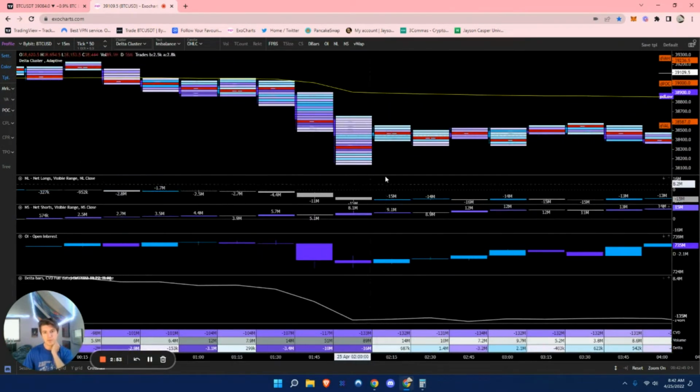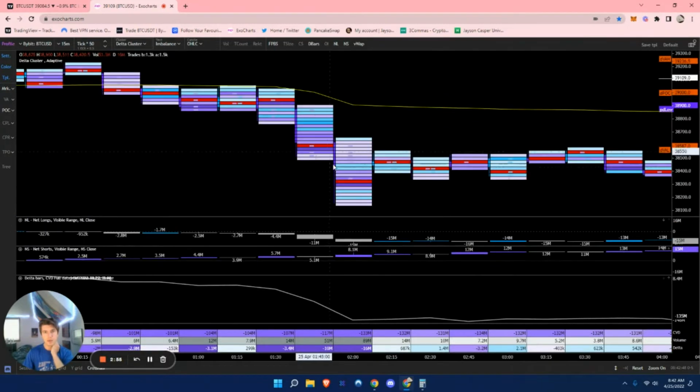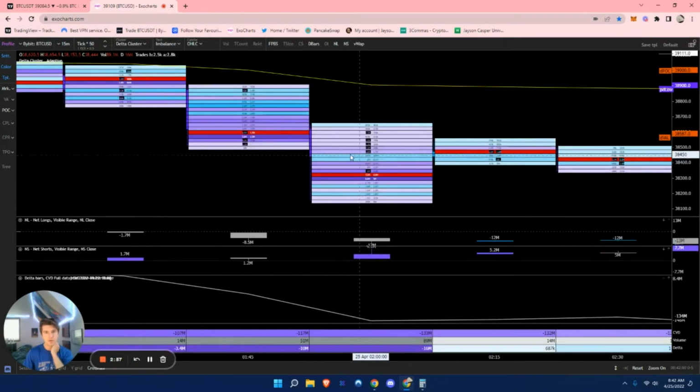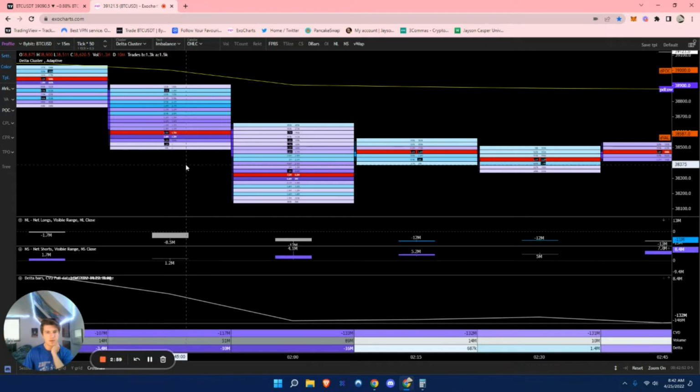So usually when we have a large wick down like this and people are getting stopped out, you can identify this when you see a whole bunch of longs closing and shorts opening up as people are getting their stop losses hit and getting stopped out of the market.